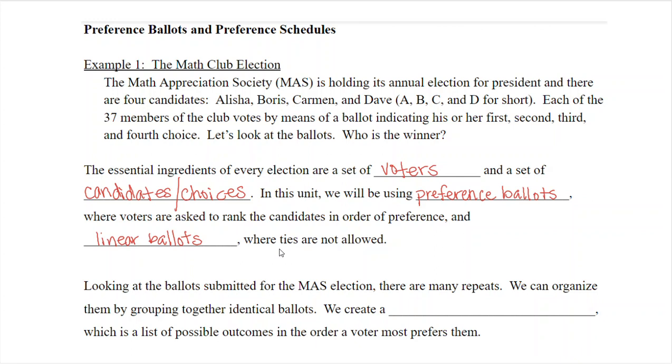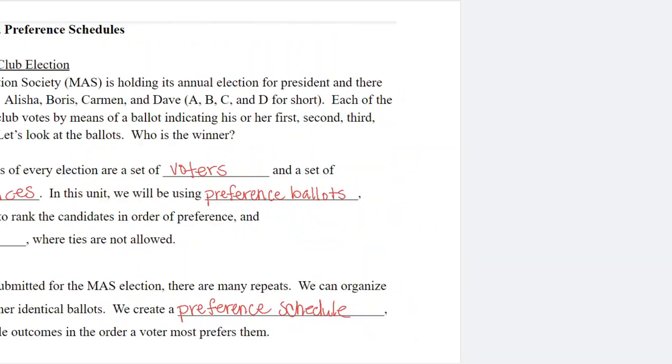So we can organize all of these ballots by grouping together the identical ballots, and we're going to create a preference schedule, which is a list of possible outcomes in the order a voter most prefers them.